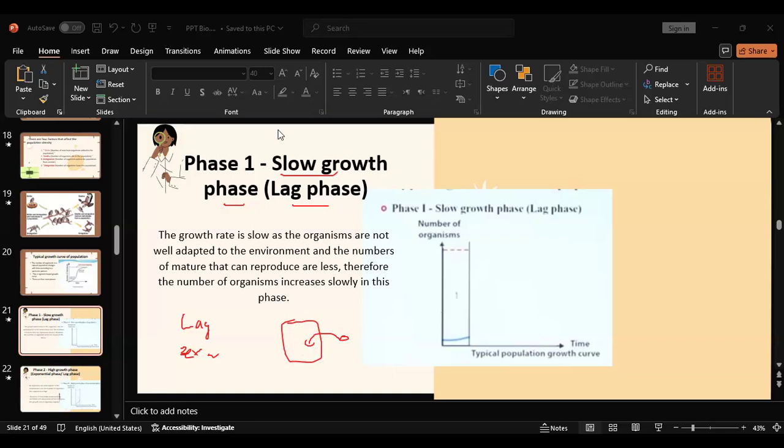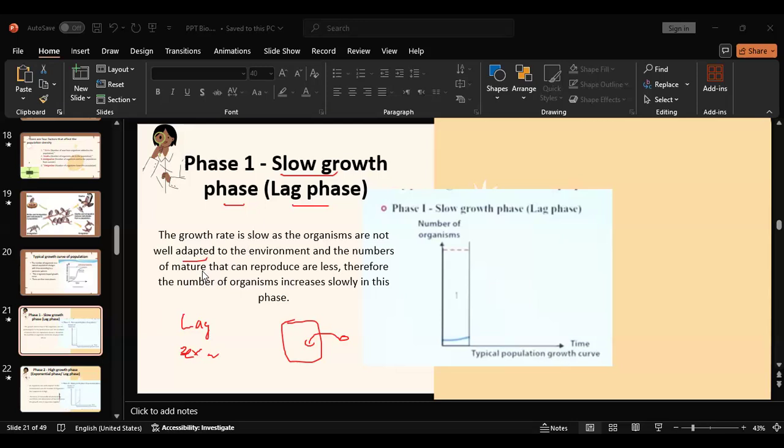So the number of individuals is very low. Another reason, after not being adapted: there are fewer mature organisms. The mature organisms that are going to reproduce are few, so growth is very slow.